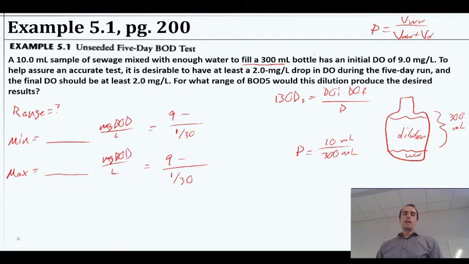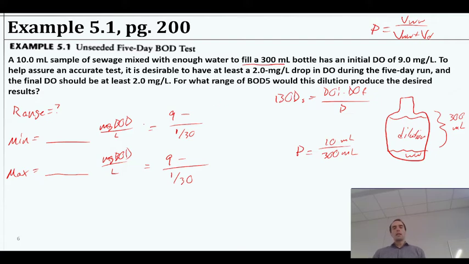We know the DO initial is 9. So I went ahead and set up both the min and the max to get our range boundaries, as the equation is simply going to be 9 minus something divided by 1 over 30.